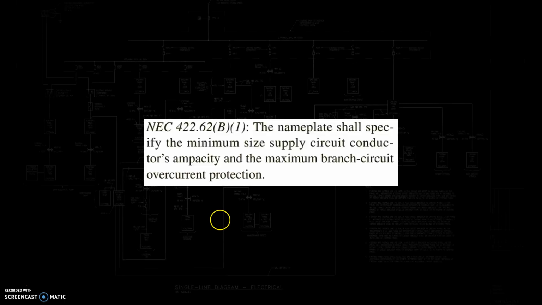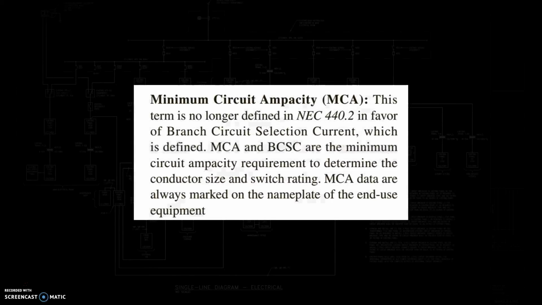Okay, so 422.62(B)(1): the nameplate shall specify the minimum size supply circuit conductors ampacity and the maximum branch circuit overcurrent protection. That's like the previous code reference I just read. Again, we'll talk about how you actually size that stuff. The first of those terms I want to hit is what you're going to see as minimum circuit ampacity, or MCA as it's abbreviated.